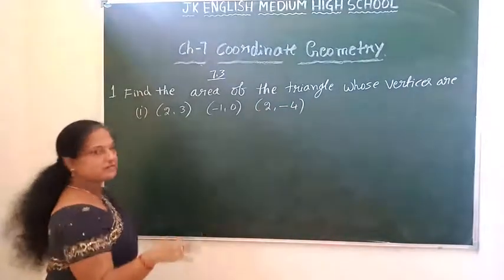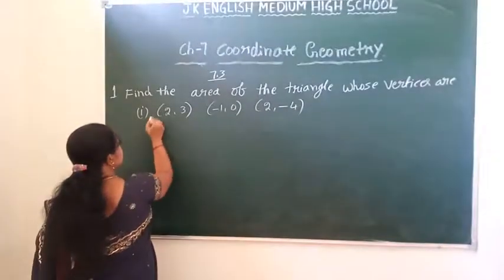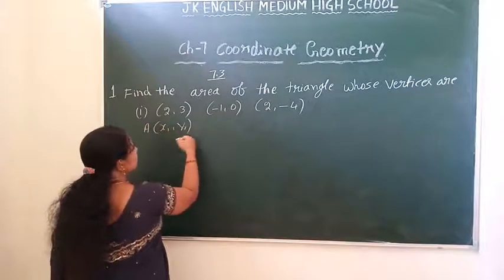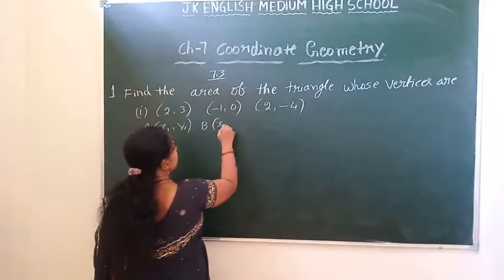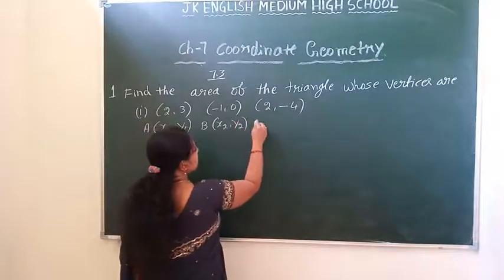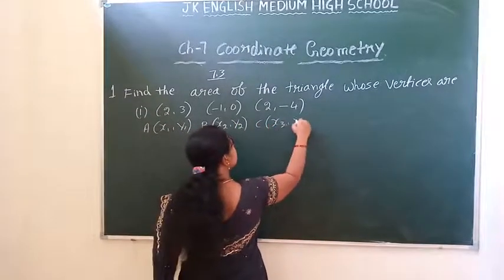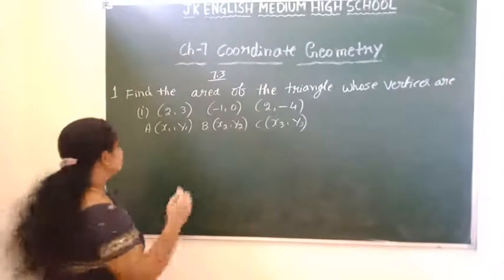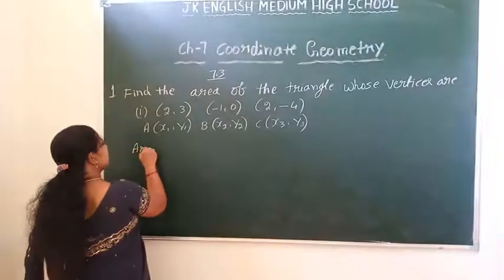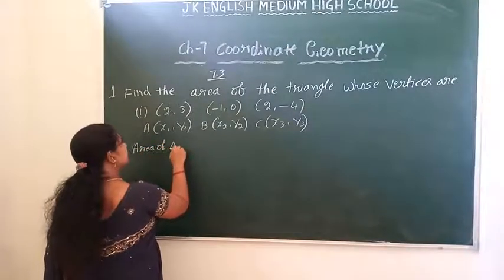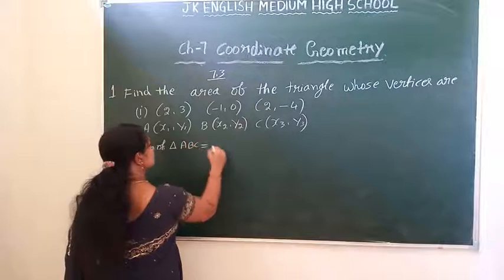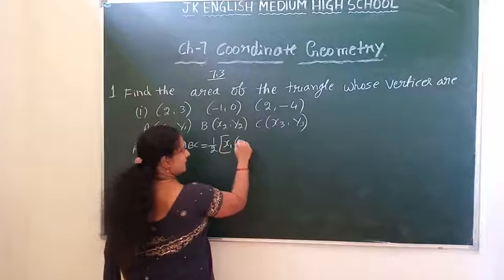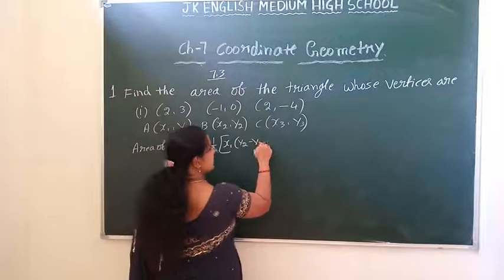You write, let these 3 points be the vertices. We consider this is A, x1, y1; B point, x2, y2; C point, x3, y3. Now you write only the formula we have to use. Area of triangle ABC is equal to half of x1, then y2 minus y3, children.